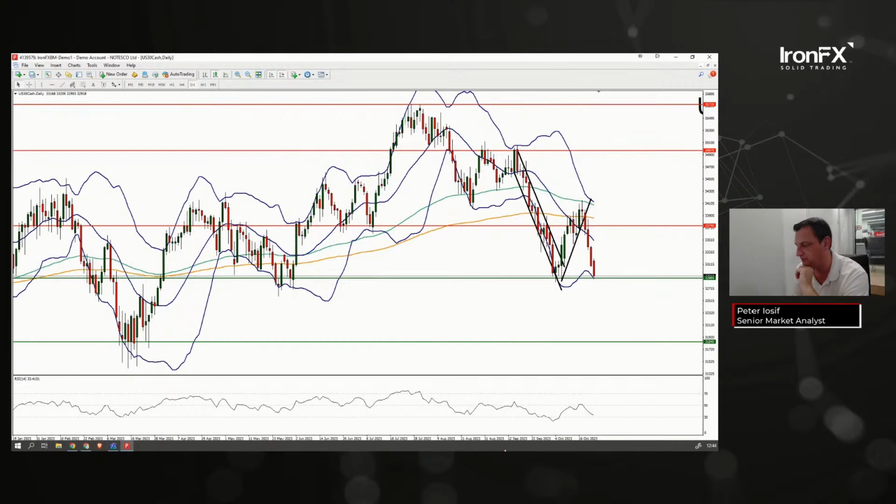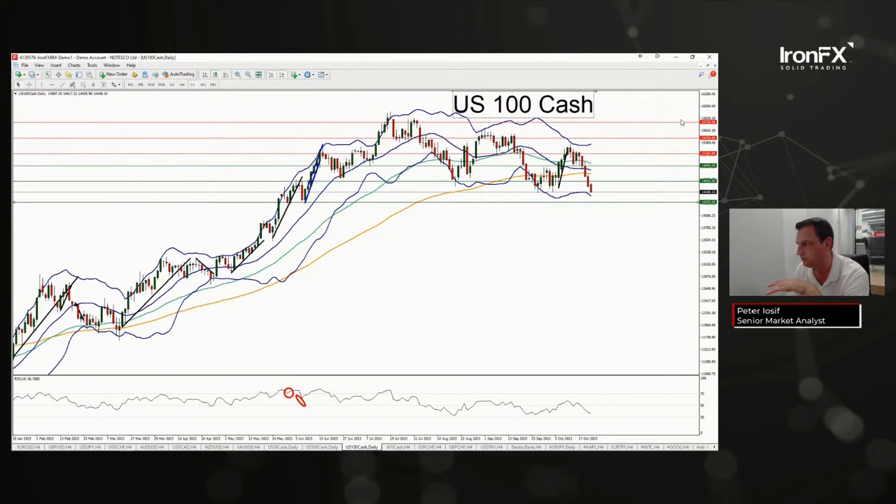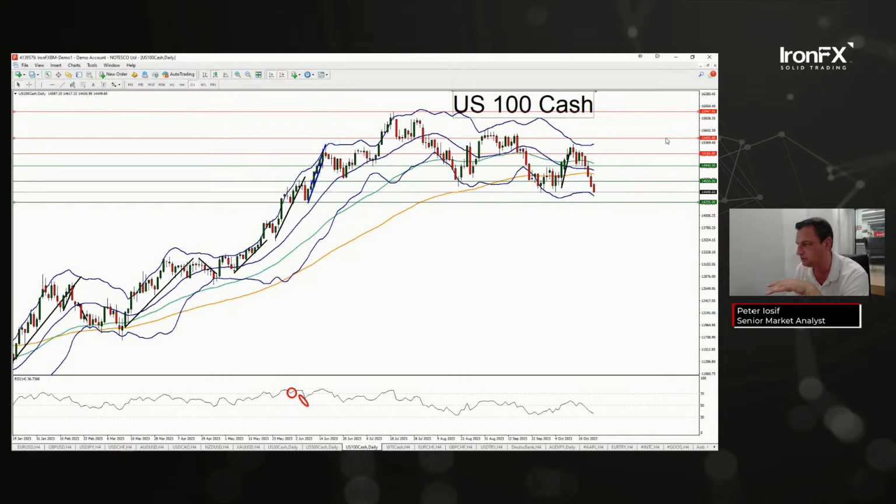In my opinion, for the time being, we may see the bearish tendencies being maintained. And Nasdaq is actually leading the way. Note how it's actually right now, allow me to recalibrate Nasdaq a little bit.